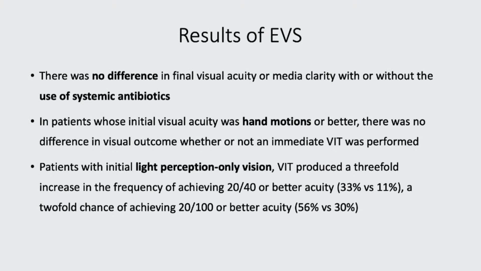So if you think you will give ciprofloxacin and get away with it, it's not going to work. Second, in patients with vision of hand motions or better, tap and inject did as well as vitrectomy. If the patient has worse vision than that, vitrectomy produced a 3-fold increase in the chance of the patient getting better.